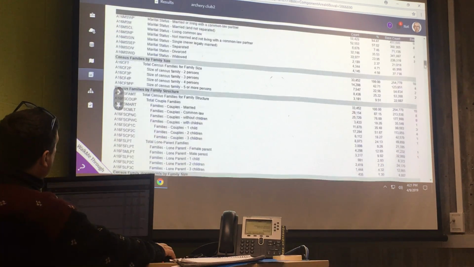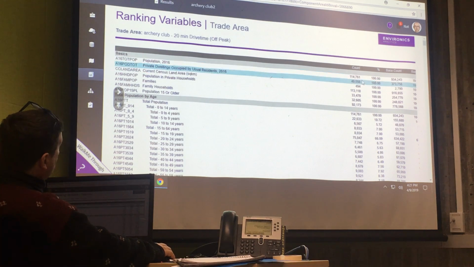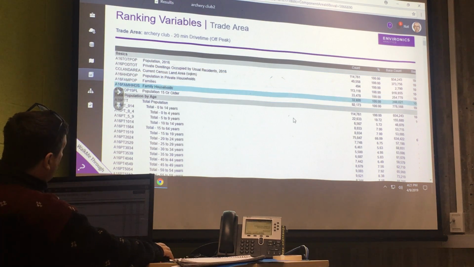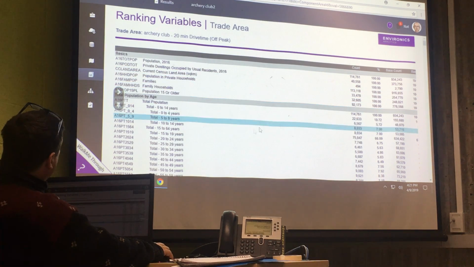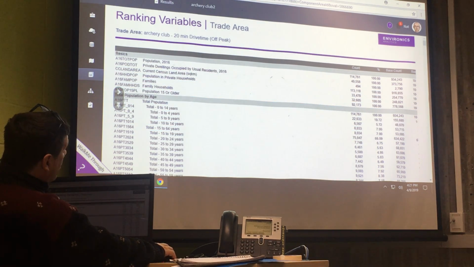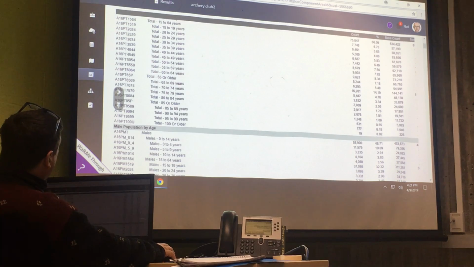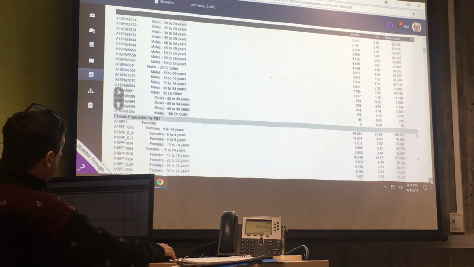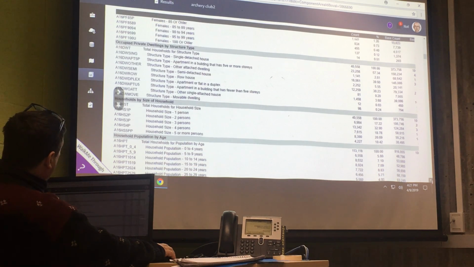This is a report on this area that you've selected. It tells you all the people that live there, and all the population parameters, the population, age 15 to 19, everything, males, females, the type of dwellings.